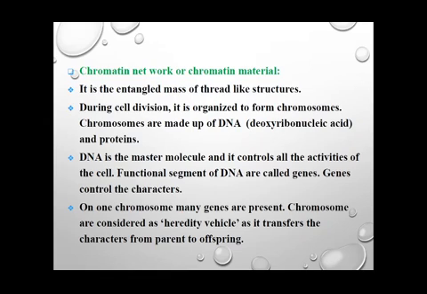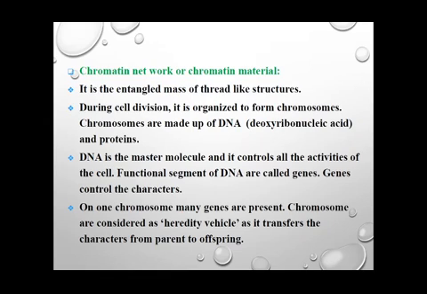Chromosomes come from the chromatin network, and this chromatin material is present in the nucleoplasm of the nucleus. So I shall repeat it once again. The nucleus contains four major parts: one is the nuclear membrane, another is nucleoplasm, third is chromatin, and fourth is nucleolus. Nucleoplasm was the fluid matter of the nucleus. In this nucleoplasm, chromatin material was present.